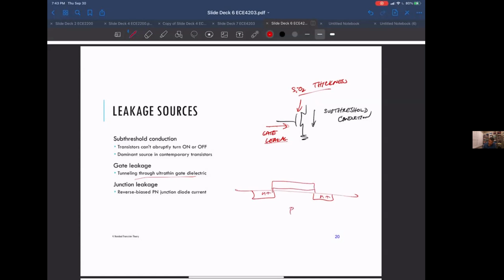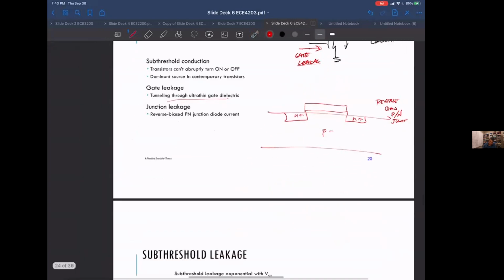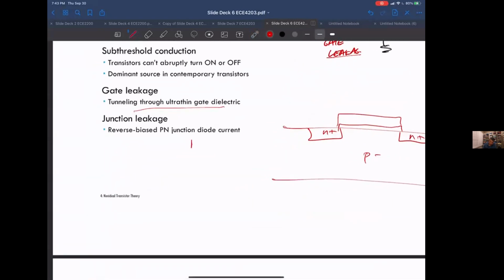So the substrate is P. So all around here, away from the channel, these look like reverse bias PN junctions. And if you guys remember, a PN junction is a diode.